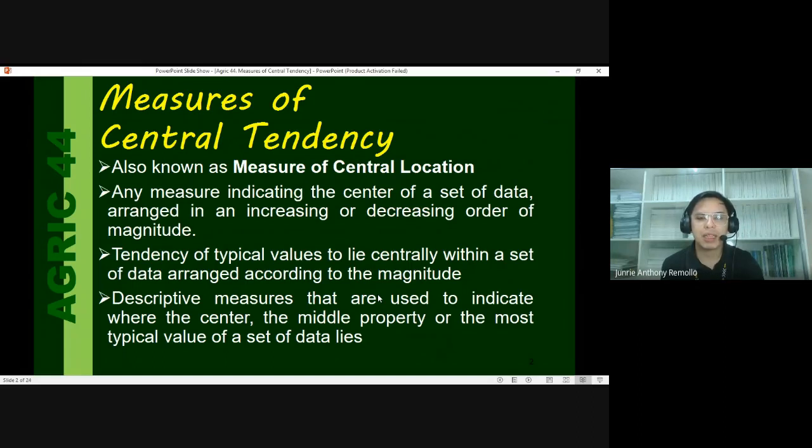It is the tendency of typical values to lie centrally within a set of data arranged according to the magnitude, and descriptive measures that are used to indicate where the center, the middle property, or the most typical value of a set of data lies.